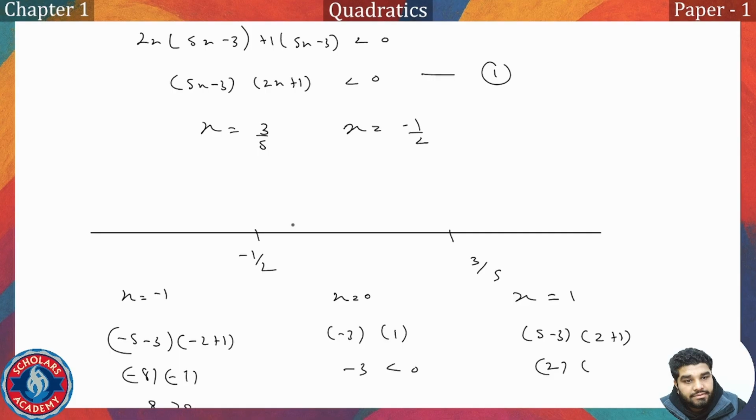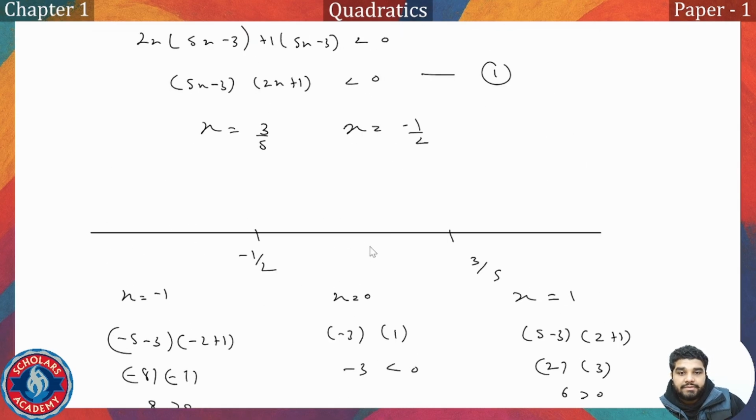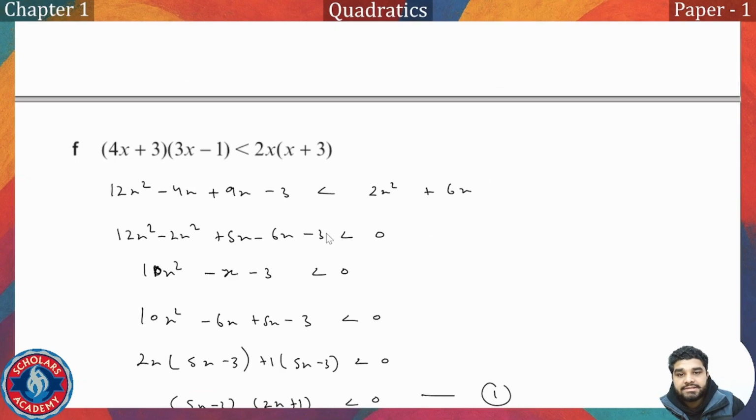So 2 times 3, what I get is 6. 6 is greater than 0. I will not take this interval. The interval that I am taking is when -1 by 2 is less than x is less than 3 by 5. So this is the interval that I will take, and all the values of this interval satisfy this inequality. I hope it is clear.